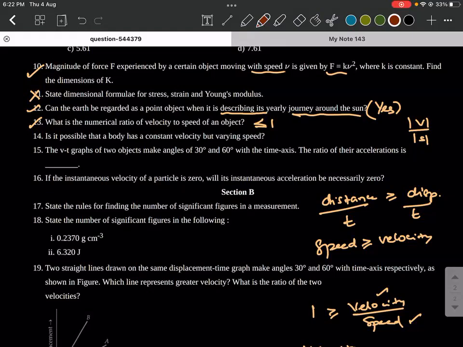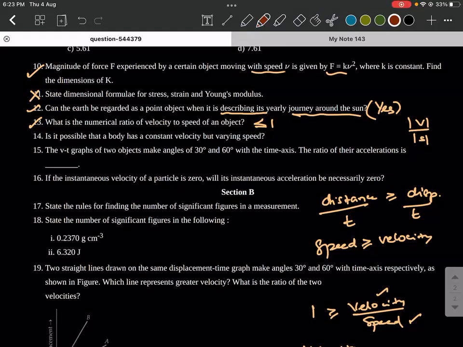When will displacement be equal to distance? When the direction of the object has not changed. For example, if the object has traveled from point A to point B, covering 10 centimeters, what is the distance and what is the displacement? In that scenario, distance is equal to displacement. So there are only two possibilities: distance is either greater than or, at the max, equal to displacement.